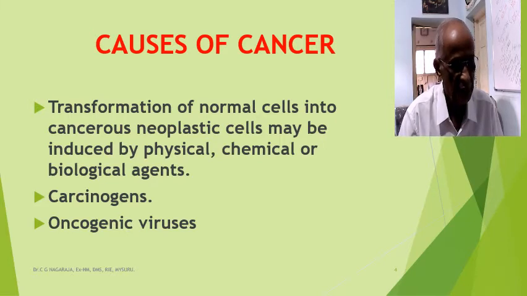Some of these things may attack the regulatory system of cellular growth and metabolism of the cells, and that might happen at the genetic level. When that happens, normal cells will transform into cancer producing cells.